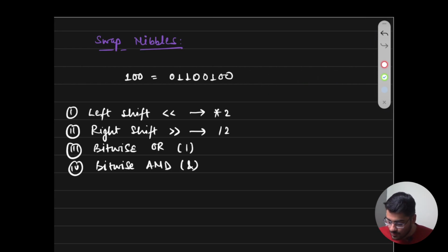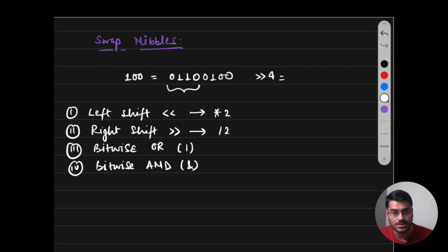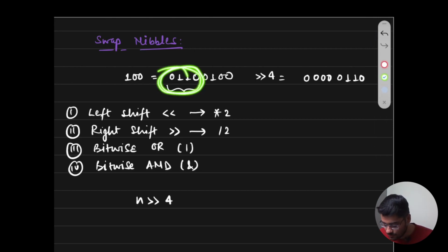What I mean is when you apply a right shift of 4 on this number, these 4 places will shift to the right, that is 0, 1, 0, and since we are representing our number in 8 bits, the remaining bits will be filled by 0. Okay, so we are able to extract the first 4 bits or the first nibble. What we have to do is write right shift 4. This is how we will extract this part.